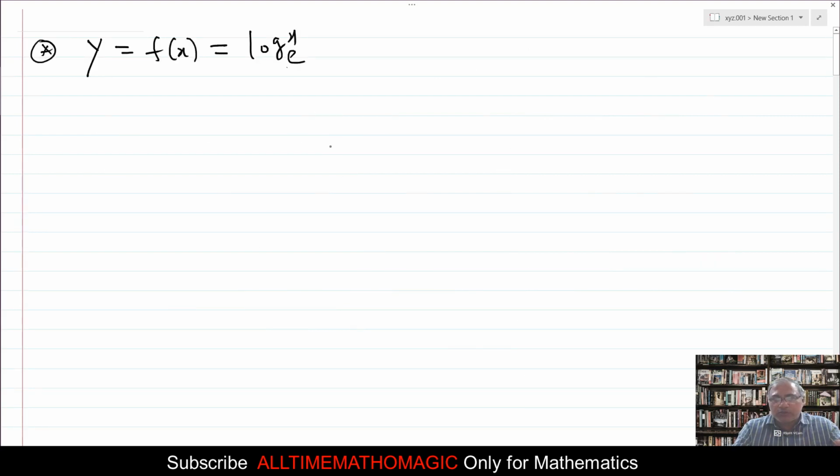If y equals f of x equals log x to the base e, find dy by dx by using first principle.